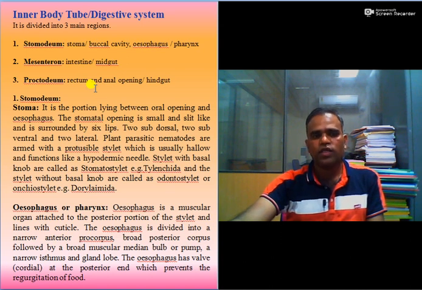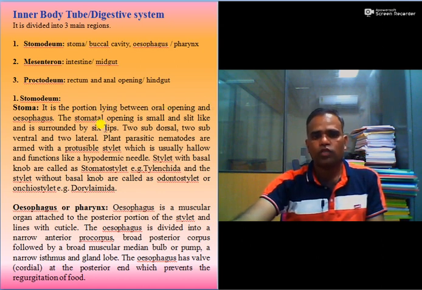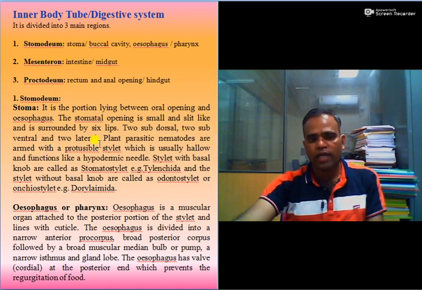So what is stomatium? The first part is the stoma. It is the portion lying between the oral opening and the esophagus. The stomatal opening is small and slit-like and is surrounded by six lips: two subdorsal, two subventral, and two lateral.